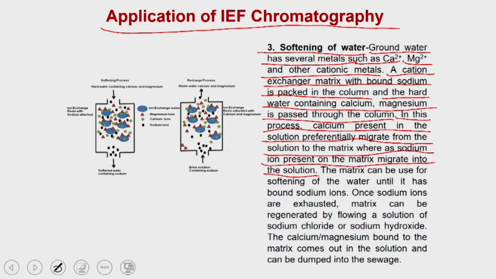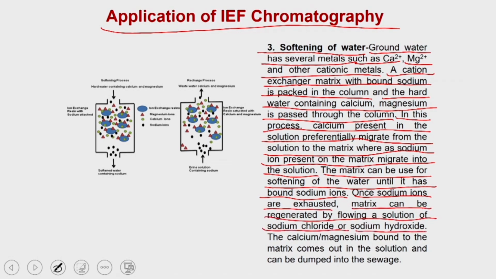So, there is an ionic exchange in which the sodium from the beads moves towards the solution and the magnesium, calcium or other heavy metals move towards the beads. The matrix can be used for softening of the water until it has bound sodium ions. Once the sodium ions are exhausted, the matrix can be regenerated by flowing a solution of sodium chloride or sodium hydroxide.